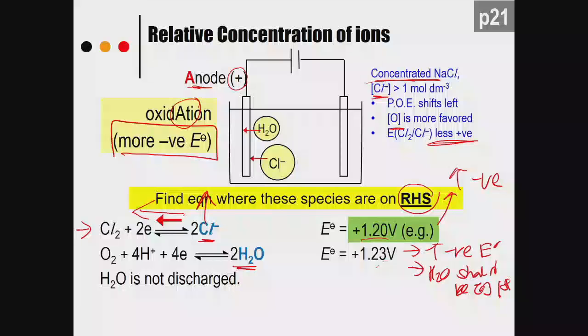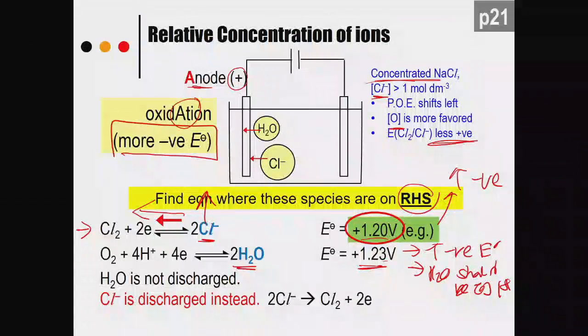Because it's now more negative than 1.23, Cl- is the one that is discharged instead of H2O. Follow? Because of the high concentration, it changed the E0 value to one that is now more favorable for that type of reaction to occur.